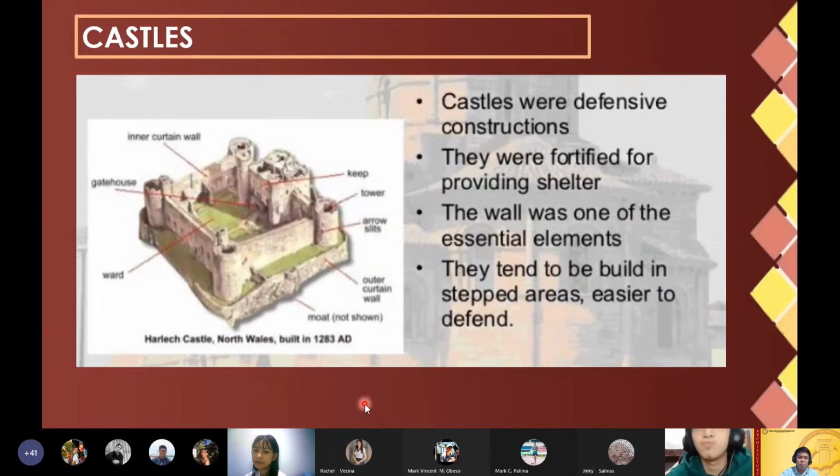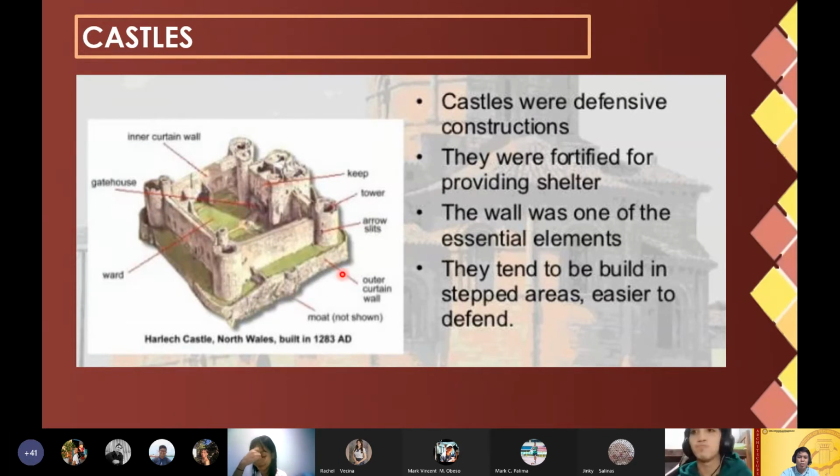So the castles were defensive constructions. They were fortified for providing shelter. The wall was one of the essential elements, especially this wall right here. You remember that in the movies, the archers shoot arrows from here, right? The king is at the innermost part, safe, and is the last to be killed in those movies, right?